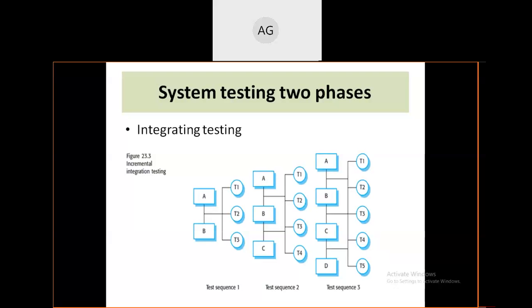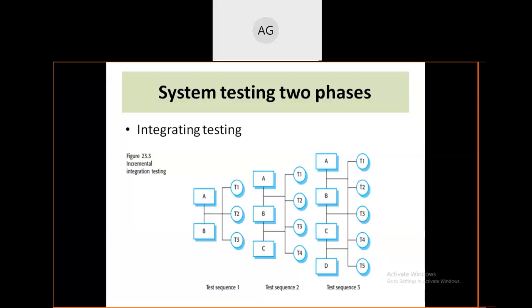Now we are using T1, T2, T3, but we are using one more component, C. We integrate A, B, C, and we also use the T4 set. Suppose a problem arises in the test cases, it means there is an interaction with the new component. If I take any source code, the problem will be localized, so it will simply detect the location as well as repair.